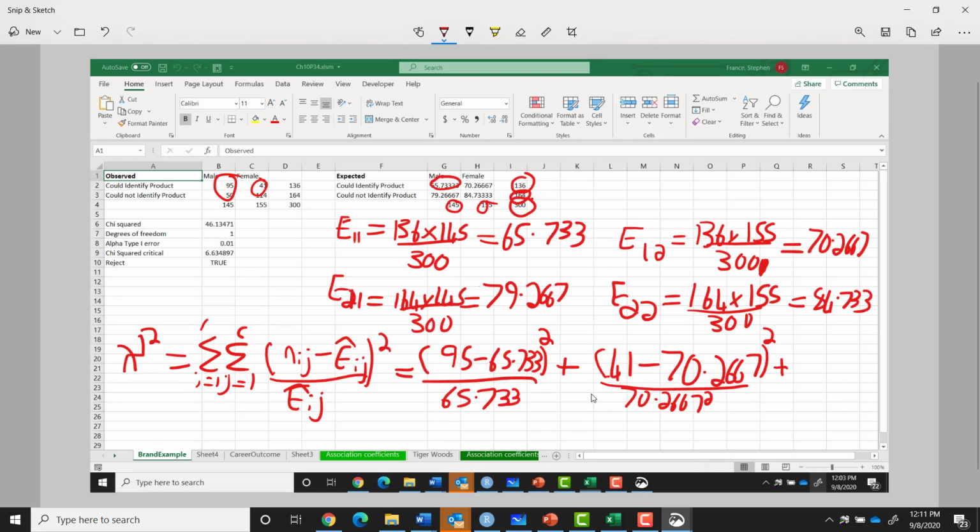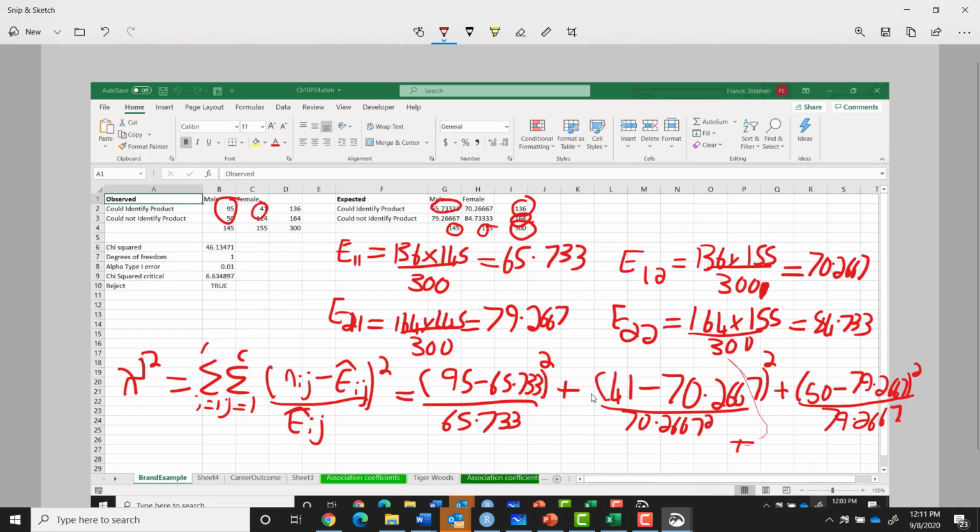Then my next, row 2, column 1, is going to be 50 minus the expected value, and again males who cannot identify are underrepresented, but females who could not identify are overrepresented. So we can see there is some association.